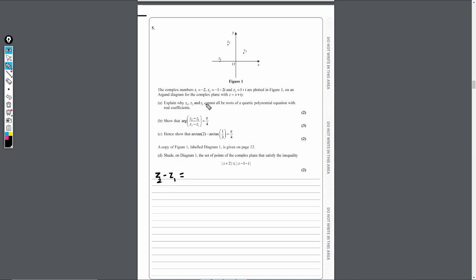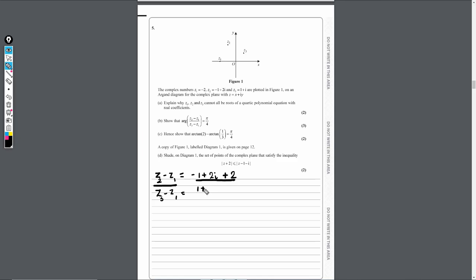Okay, so our Z2 is up here, that's minus 1 plus 2i. So minus 1 plus 2i minus Z1, which is minus 2, so that's plus 2. This is all over. So if I do underneath now, Z3 minus Z1. And what I'll do is I'll just simplify these in a second. So that will be equal to Z3 minus Z1. So that's going to be, where's Z3? 1 plus i.